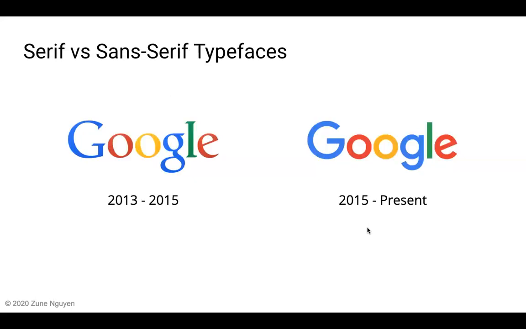I forgot to put my slide in here, but another example, if any of you have used Slack before, it's a messenger app, or people use it as a messenger. And Slack went the opposite. When they first came out, they were all about sans serif. They wanted to be all friendly and appealing to the younger generation.